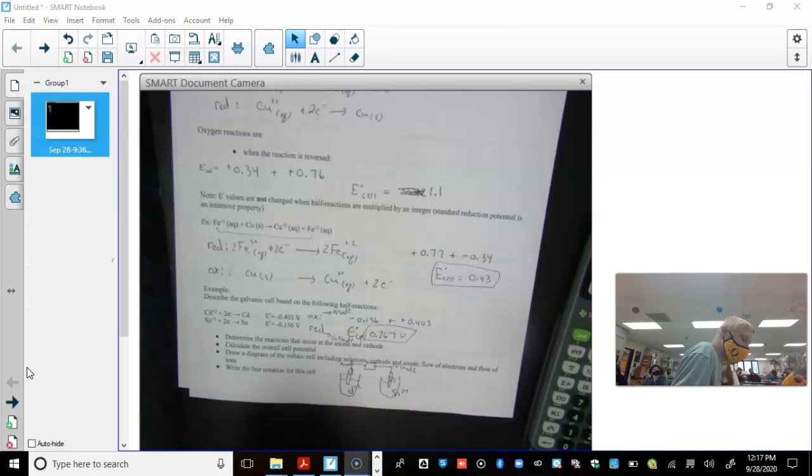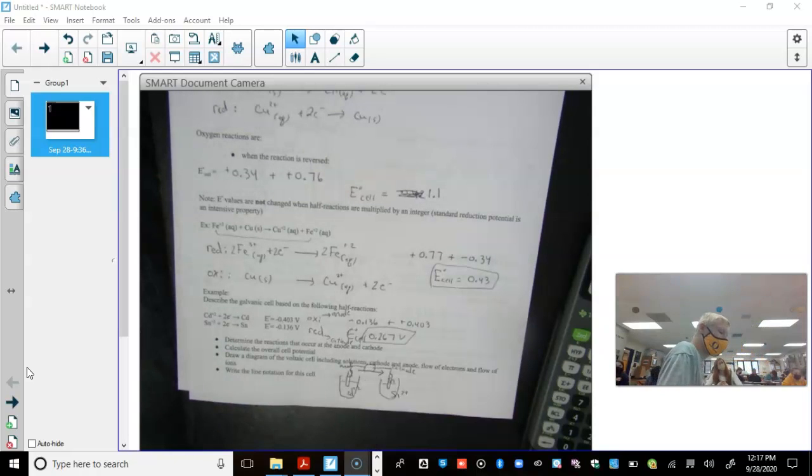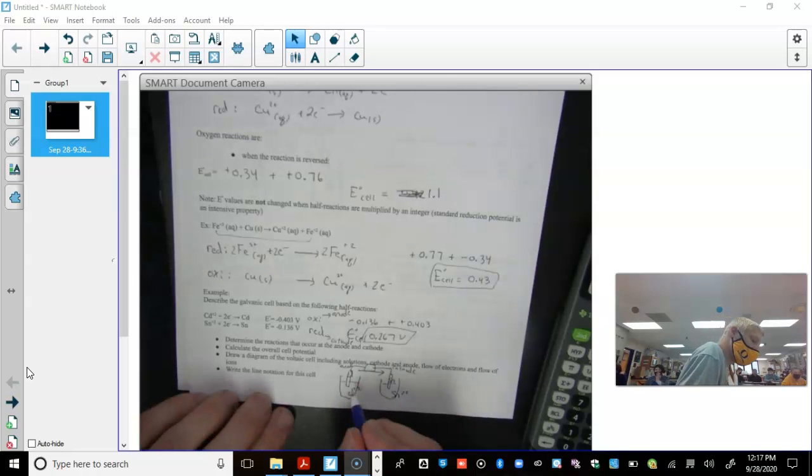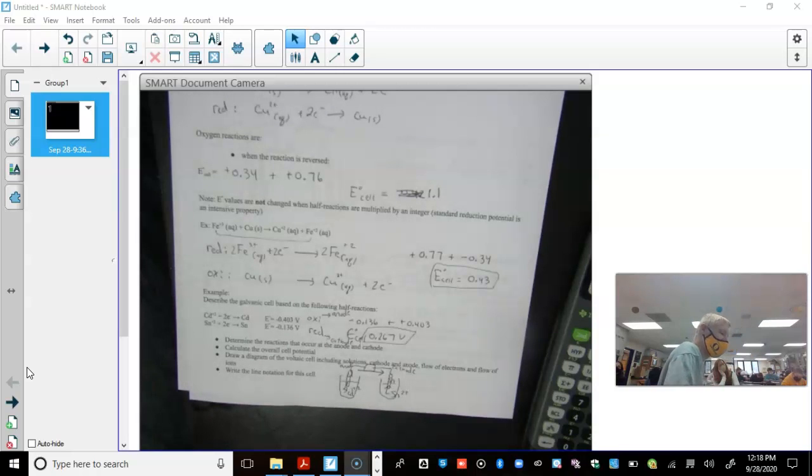Anode to cathode, you got it. So the electrons are going anode to cathode, which means cadmium to cadmium 2+. And that would mean that tin is precipitating out into the solid.